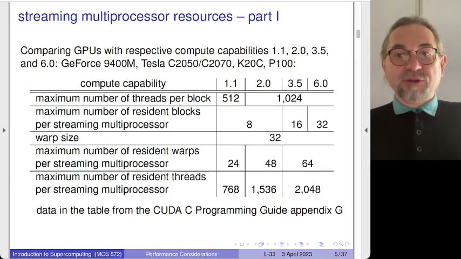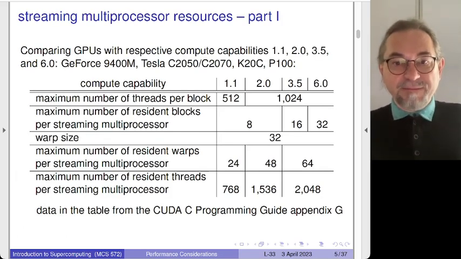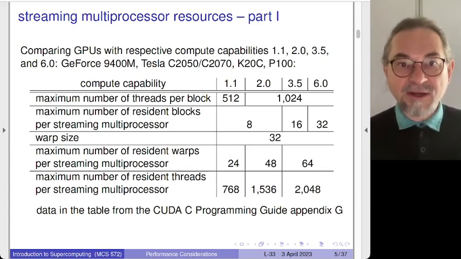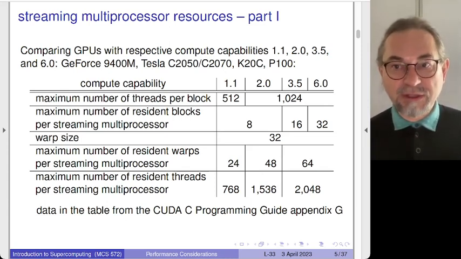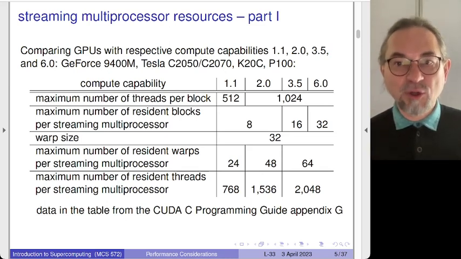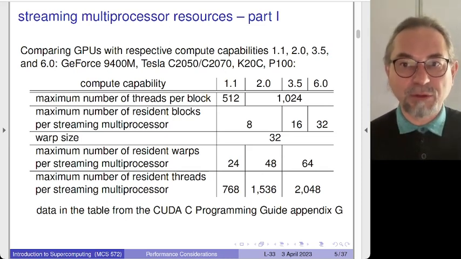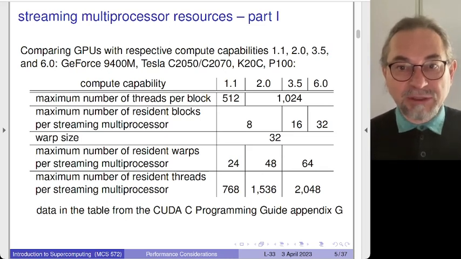Okay, what are the resources that we have? If you look at the device query of your GPU, this lecture is entirely CUDA centric for NVIDIA GPUs, although a lot should be transferable to other types of GPUs. So we have the number of threads per block. We have the number of blocks that any streaming multiprocessor can handle.